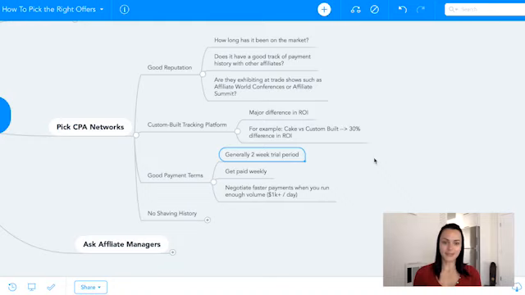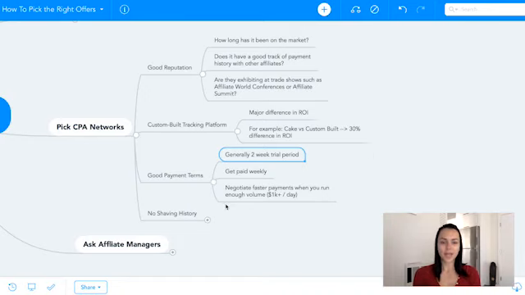So if you already run 1K plus per day USD, then you should talk to the affiliate manager and ask what they can do for you. These networks want to get more traffic, and if you have a winning campaign and you want to scale up, you should be open about it and let the network know that you need faster cash flow and you can send more traffic, and it's a win-win for everyone.